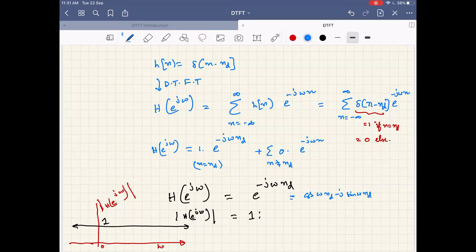Then the angle of h of e power j omega is equal to tan inverse of y by x, minus sine omega nd by cos omega nd, which with simplification is equal to minus omega nd.